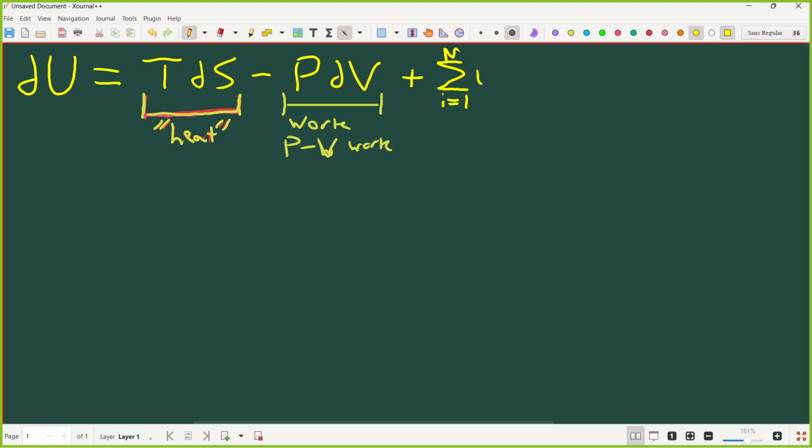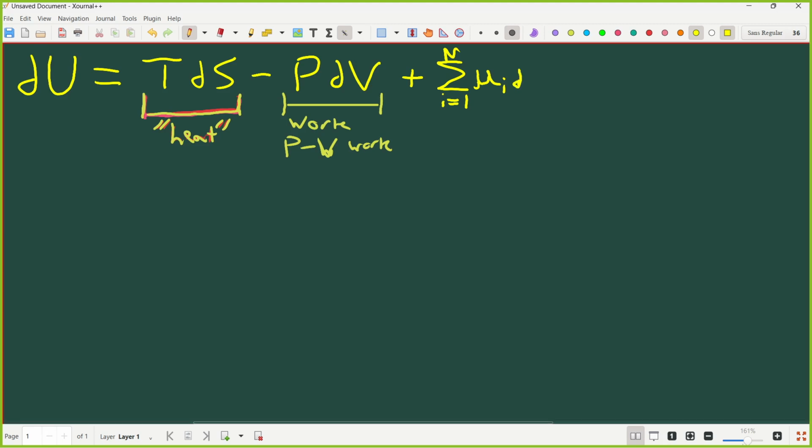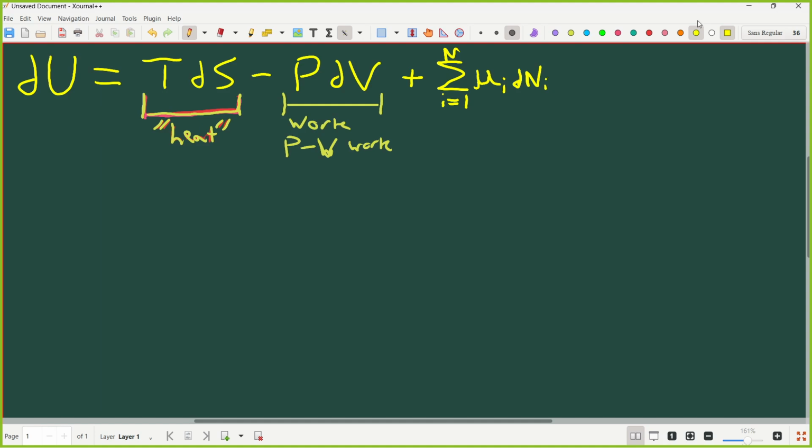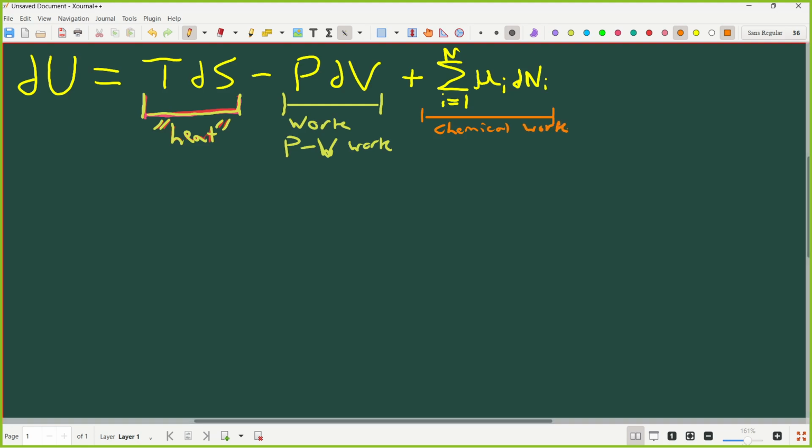And the way that the energy changes as the component number changes, the relative concentrations, is the chemical potential, mu, and it's proportional to the change in the number of molecules of that component. Right? This is called chemical work. So far, we've basically set the chemical part to 0, because we've only been dealing with a box of a single gas, and most of the boxes we've been looking at are ones where the molecules can't leave.